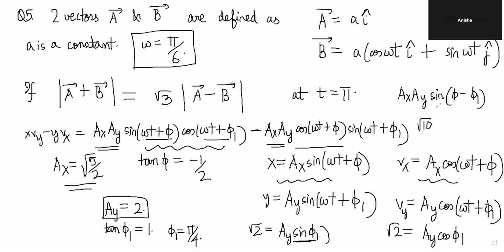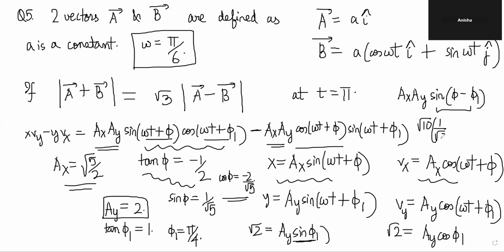So root 10 into sine of this thing, where tan phi is given, and we knew sine phi was 1 by root 5 and so on. Do you understand what I'm saying? Yes, sir. So cos phi would be minus 2 by root 5, correct? Yes, sir. So it's just about calculating this, right?